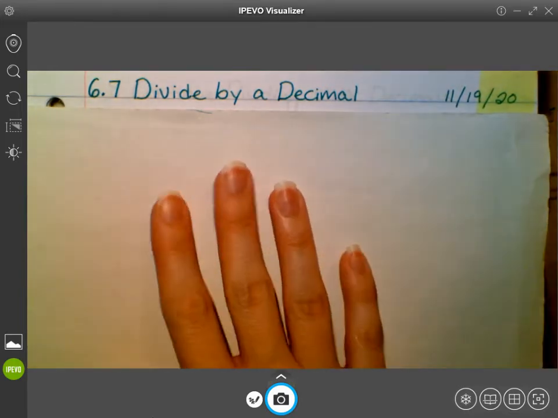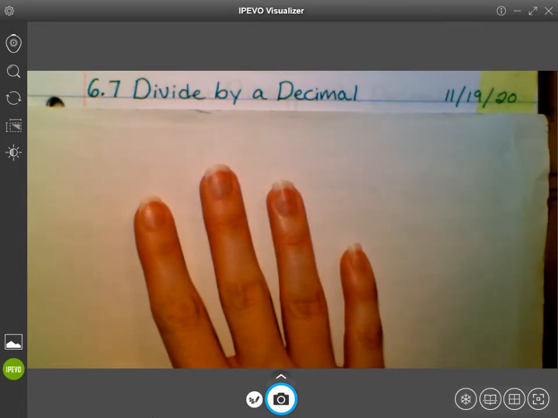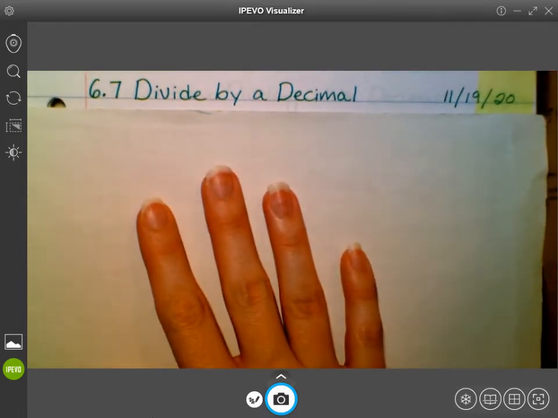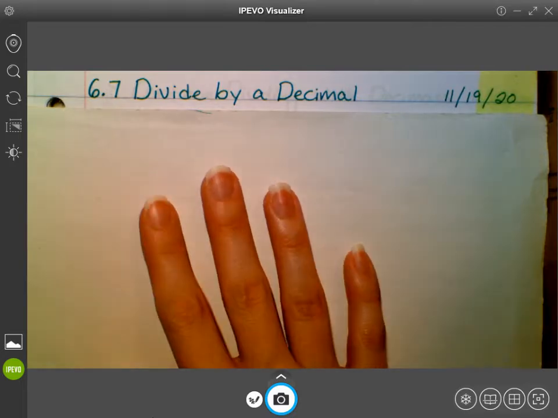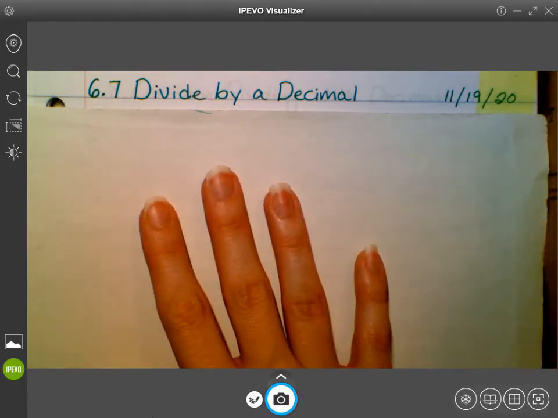So, 5th grade, as we've gone through working with decimals, I pretty much always tell you it's easier than you think. Would you guys agree that I've been right most of the time with that? I'm not going to say all the time, but a lot of the time. Now, I am going to say that as well with dividing by decimals.